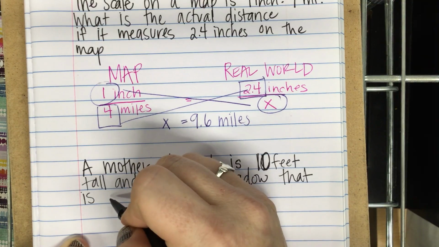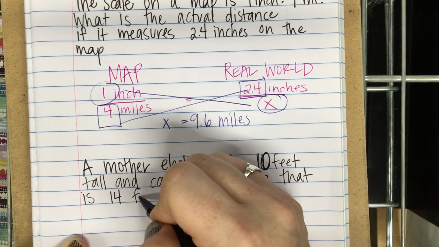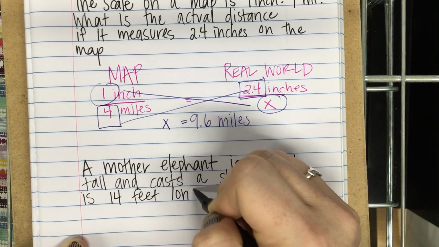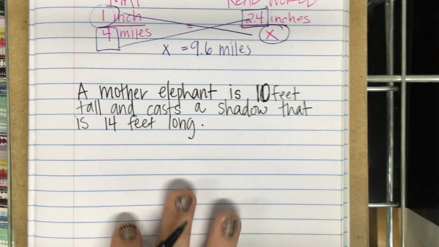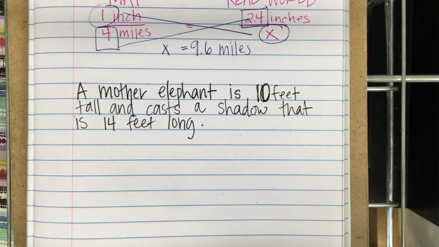That is 14 feet long. A mother elephant is 10 feet tall and casts a shadow that is 14 feet long.